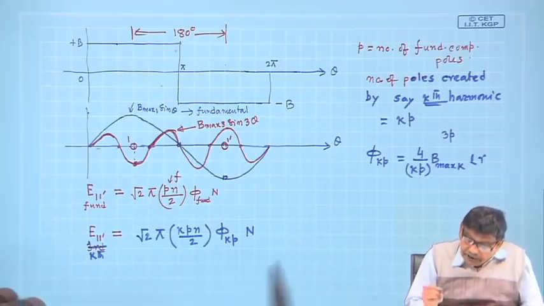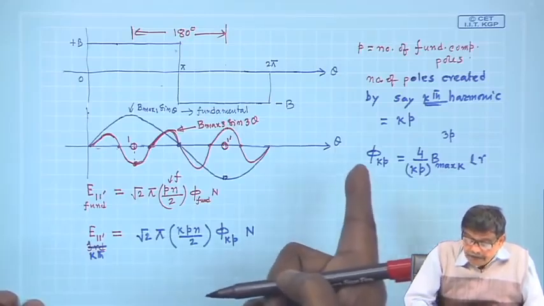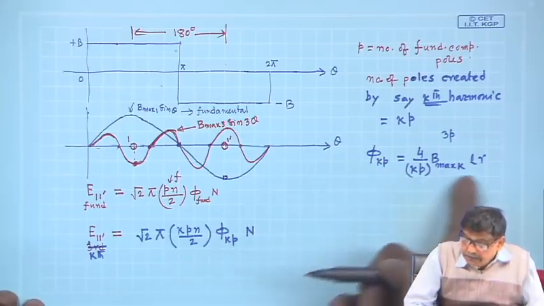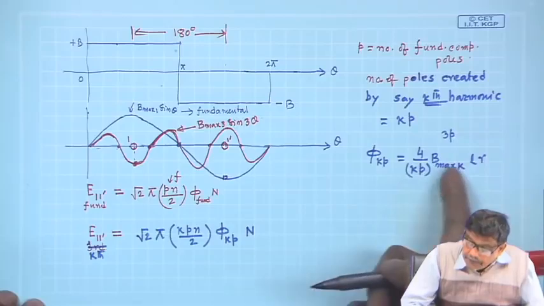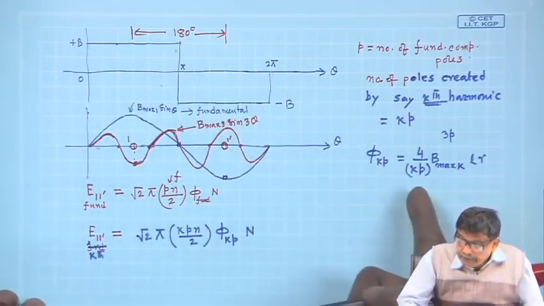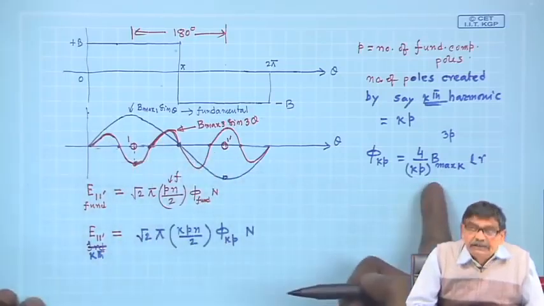So, to use this formula to calculate the flux per pole for the kth harmonic, you have to do it like this: use the same formula 4 by p B max L, but if it is the kth harmonic of the B distribution, then the number of poles is really k into p times.